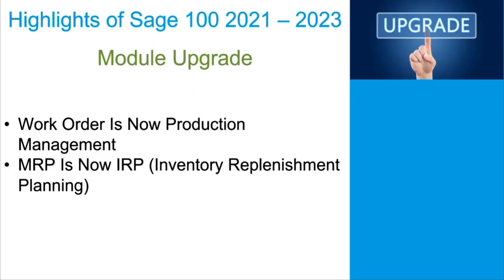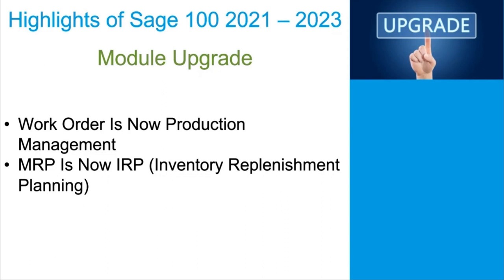With production management, they've been working on it over a couple of versions to bring it up to spec. It's now really the only option you would have in terms of work order capability in 2023, and it's much simpler to use. They've done a nice job of taking the customers that were using the work order module and allowing them to migrate into production management.